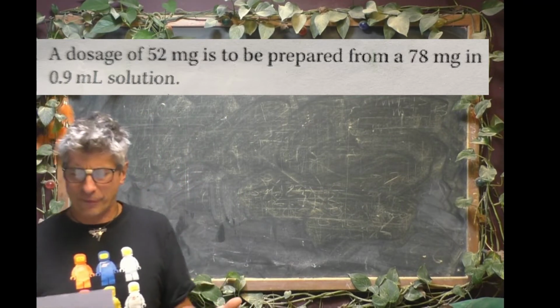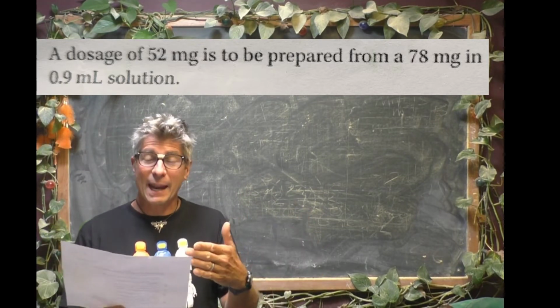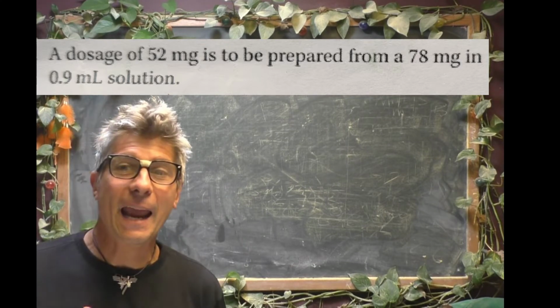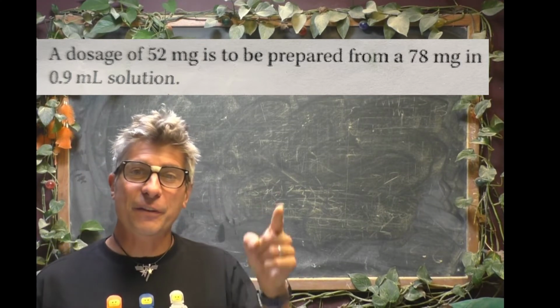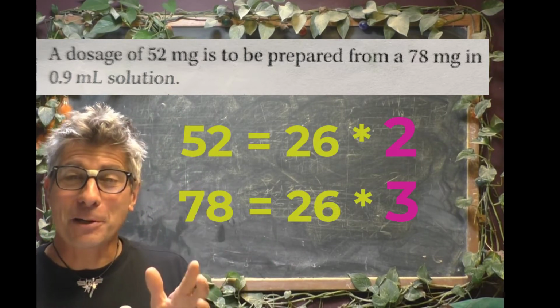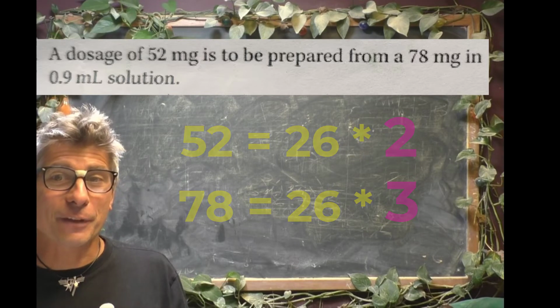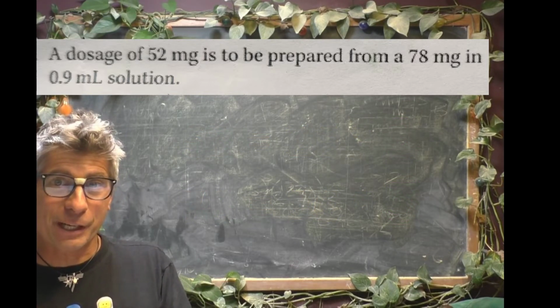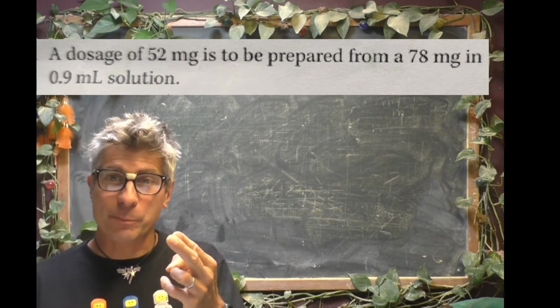Now, those numbers look horrific, 52, 78, but as I was looking at them, they're actually nice because 52 is 2/3 of 78. So you actually only need 2/3 of a dose. So if the entire dose is 0.9 milliliters, the fraction of a dose you need is 0.6.